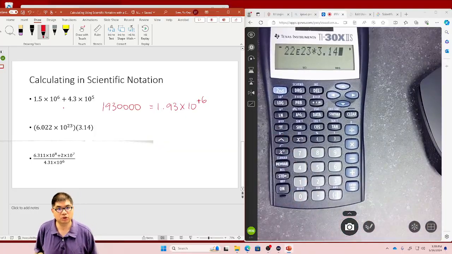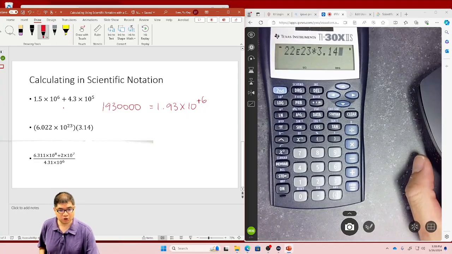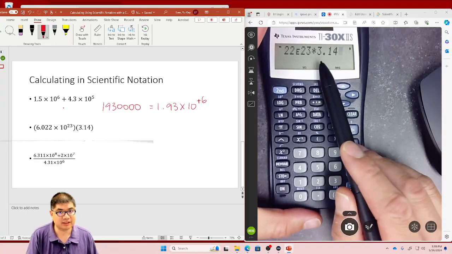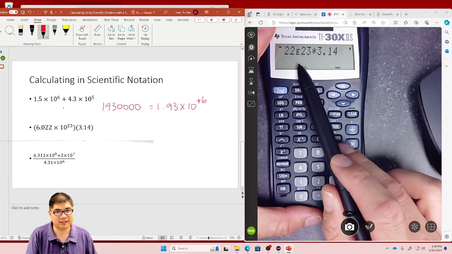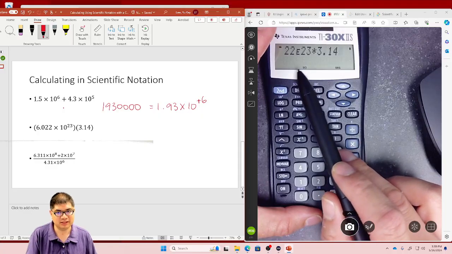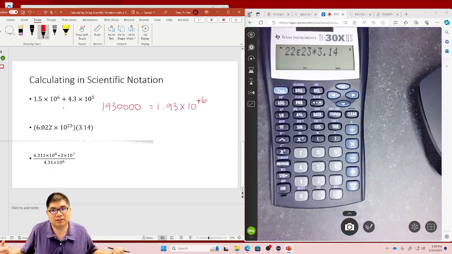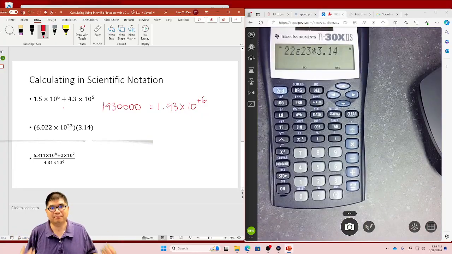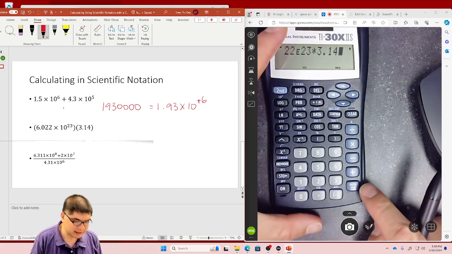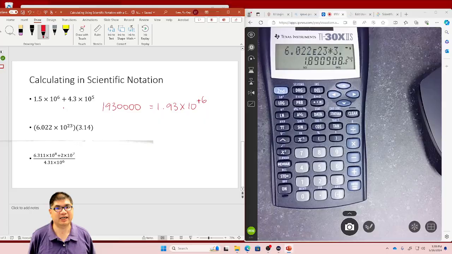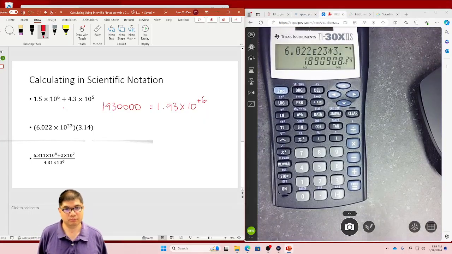By the way, what this mode of calculating actually does is treat whatever E whatever, so whatever times 10 to the whatever, as a single number. So it doesn't break it apart and make it look like you're trying to multiply 23 by 3.14. So if I punch it in the calculator, I get 1.89 times 10 to the 24.